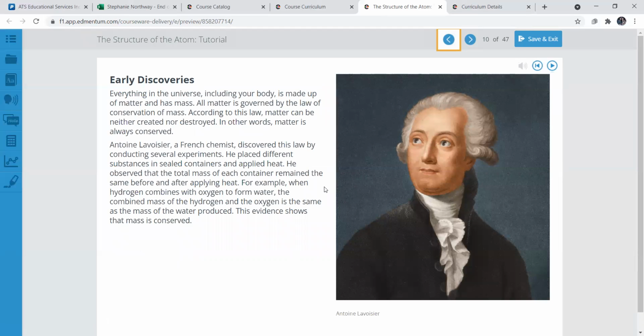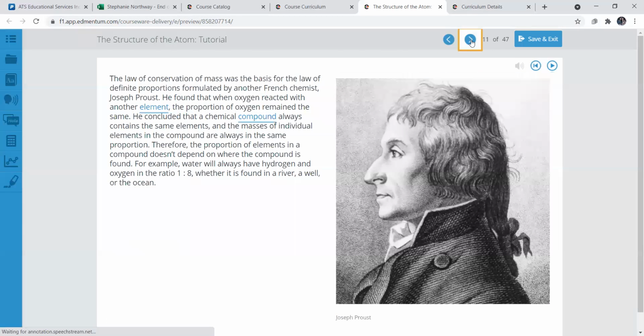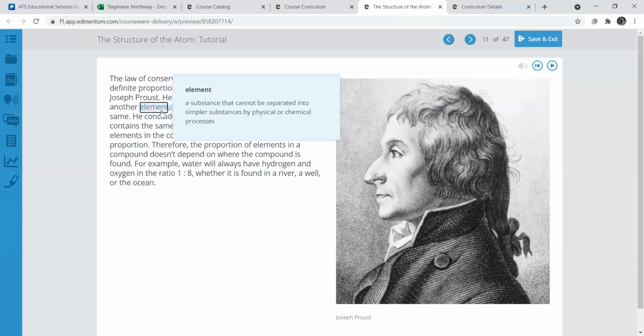So early discoveries, again, more information. Hydrogen was one of the first elements to be discovered, and I have another little mini lesson on just hydrogen. But first, let's talk about elements. An element is a substance that cannot be separated into a simpler substance by physical or chemical processes.